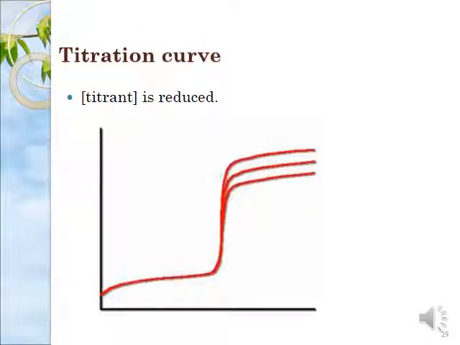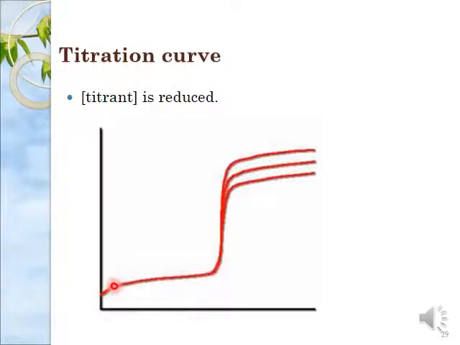Next we look at the concentration change of the titrant. Just now we looked at the concentration of the sample, and there was a typing error there. Next we change the concentration of the titrant. In this case, your sample is acidic, your titrant is a strong base.